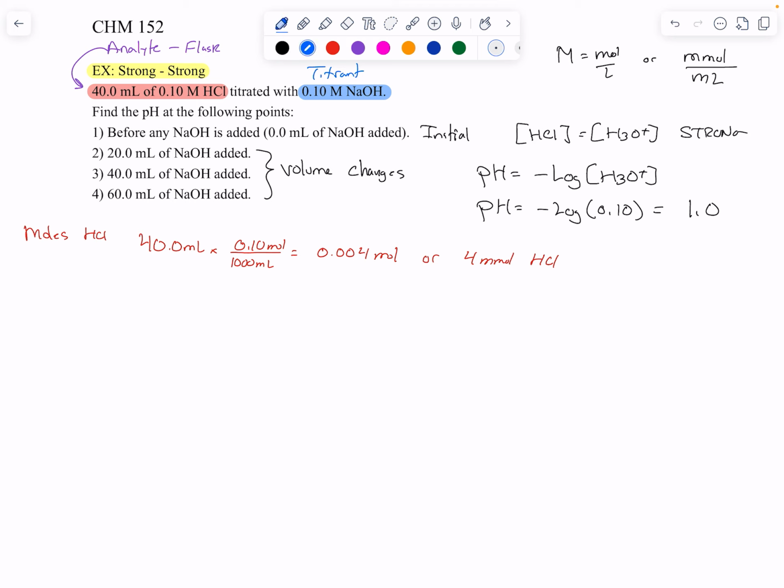Now, sodium hydroxide. We have 20 milliliters. So for every 1,000 milliliters, we have 0.10 moles. So it gives us 0.002 moles, or not 4, 2 millimoles of sodium hydroxide.